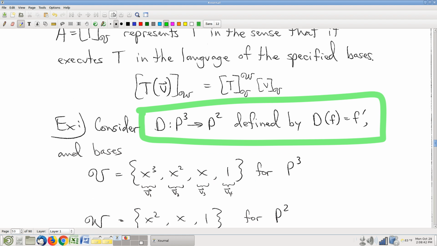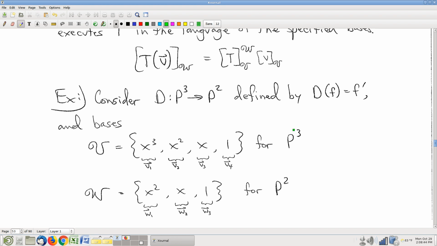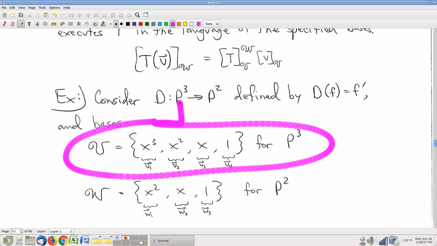Okay. So we've got to pick a couple of bases. Keep in mind, in our domain, we need a basis. Here we have a basis for the domain, easily confirmed. Now I do have to make a choice. You might say this is a sort of canonical choice, the easy choice of a basis in P3, but that doesn't matter.